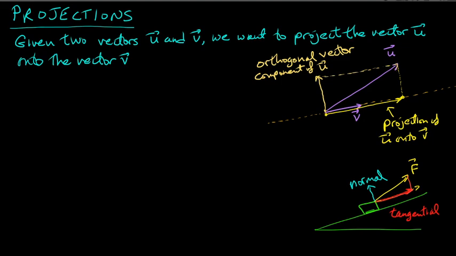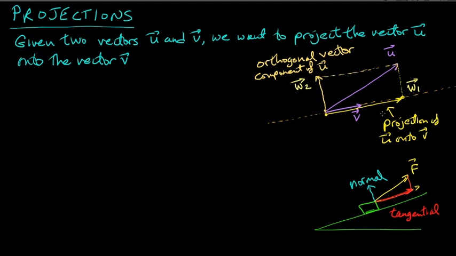So we should give these vectors names. So for the projection vector, I'm going to call that W1. And for the vector, the orthogonal vector component of u, we'll call that W2. And these are vectors, right? Okay.